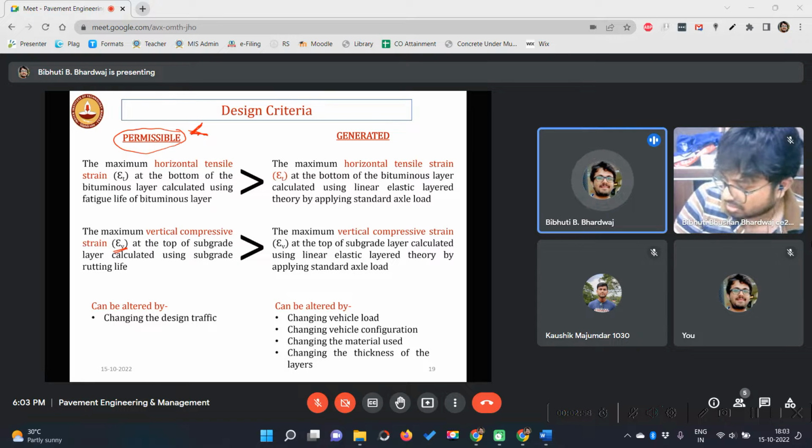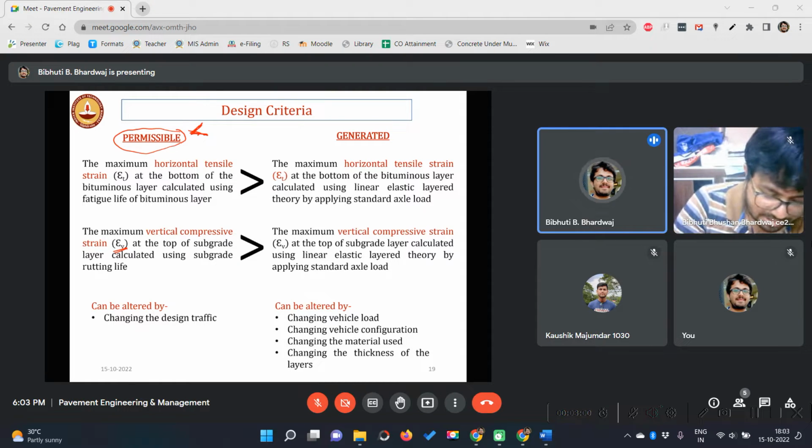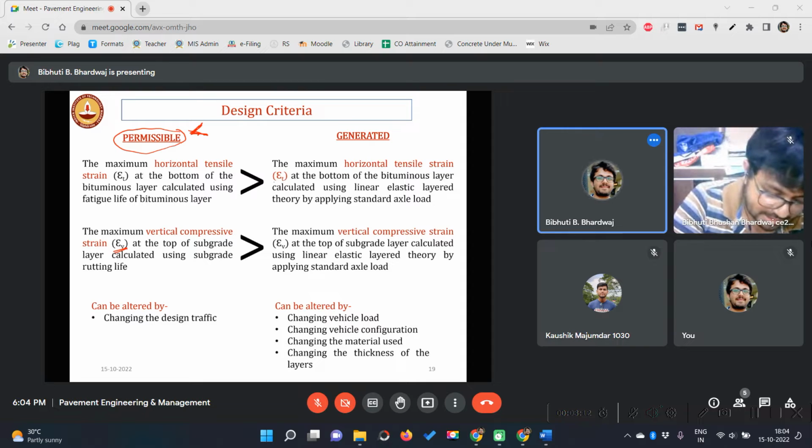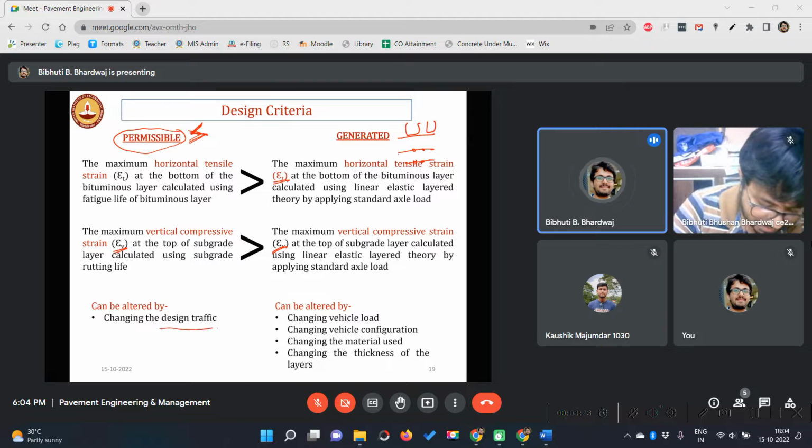Okay, so in order to find out what strain is getting generated because of the tires, because of the wheel loads, we need to find out how much is getting generated here, and this will come directly from the traffic.